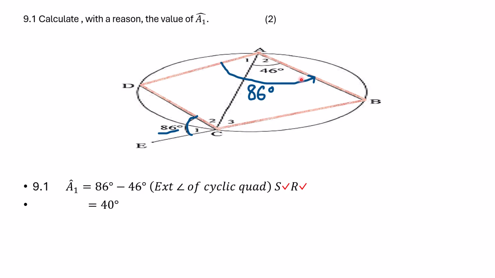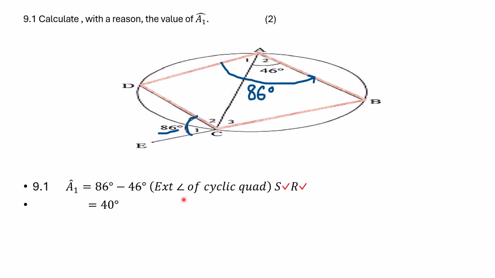So that one there in blue, this whole angle A there should be 86 degrees, right? So if this is 86 and that's 46, then 86 minus 46 will give me the size of A1, because this plus that must give me 86. So therefore A1 equal 86 minus 46, which equal 40 degrees, and my reason exterior angle of cyclic quad.